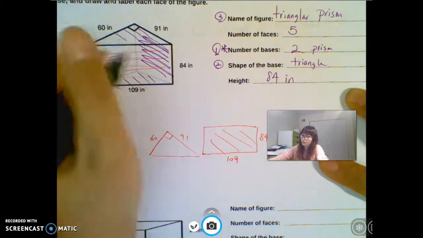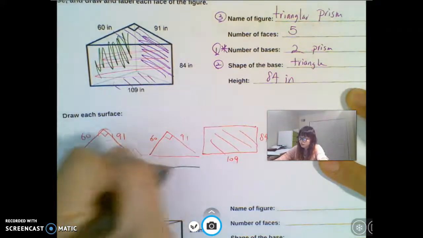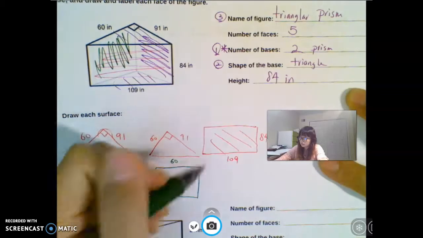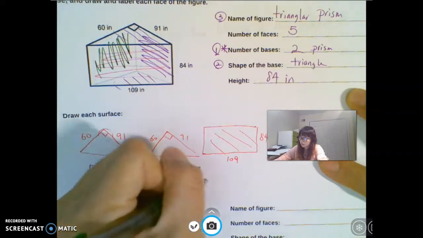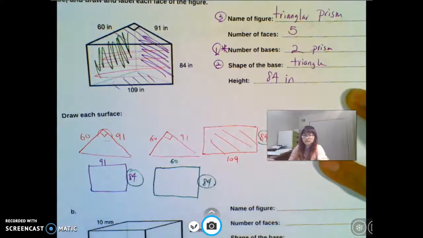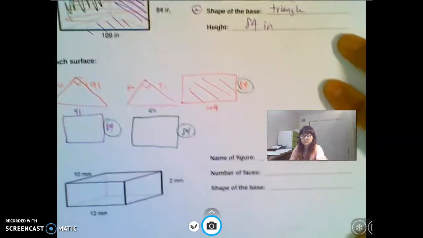And then what about this side on the left? That would also be a rectangle with 60 and 84. The height would be the same for all these three sides, right? All right, let's do B.